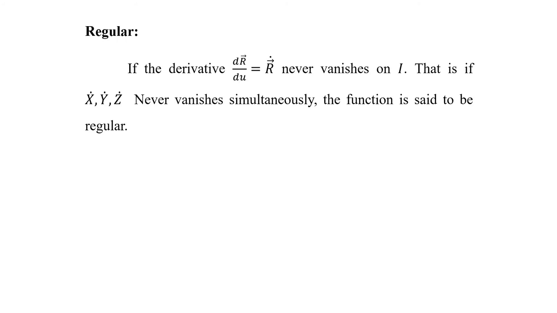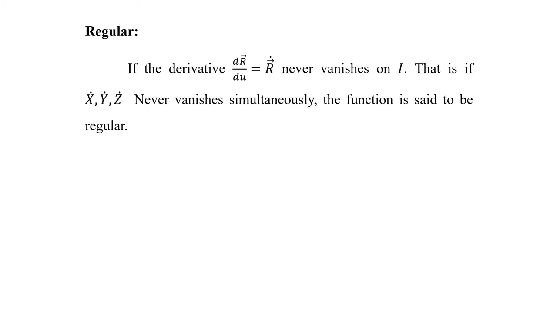Now we are using dot. If the derivative dr by du equal to r vector dot never vanishes on I, that is, if x dot, y dot, z dot never vanish simultaneously, then the function is said to be regular.